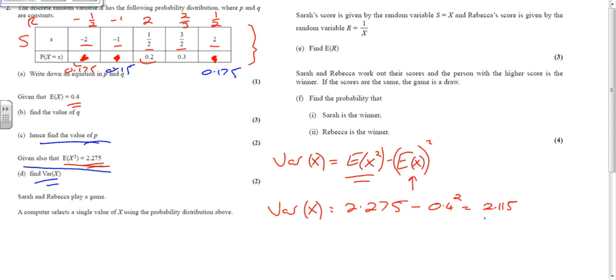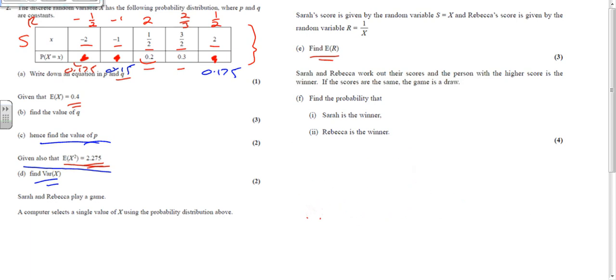Now we've got to find the expected value of R. So what we do is we do minus a half times 0.175, -1 times 0.15, 2 times 0.2, 2/3 times 0.3, a half times 0.175.